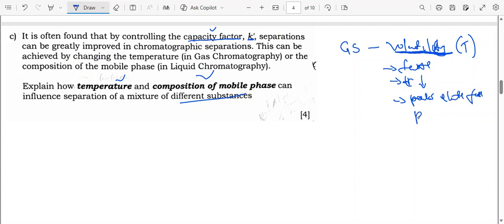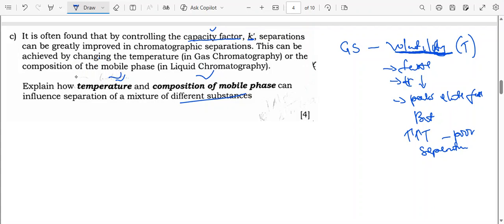But too high a temperature can cause poor separation. So we need to be very careful in applying temperature to speed up the process, because when the temperature is high it can also bring those problems. So that is it, the temperature.